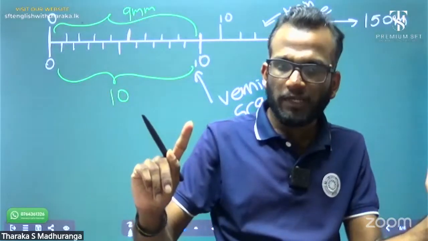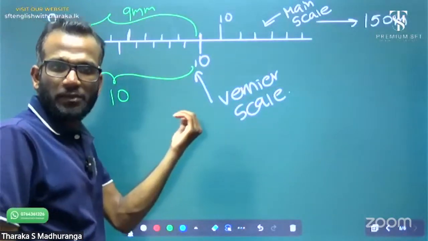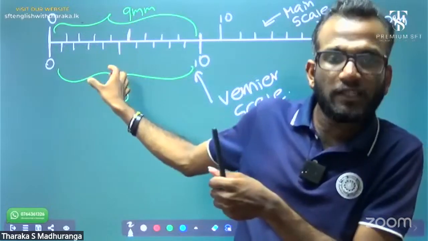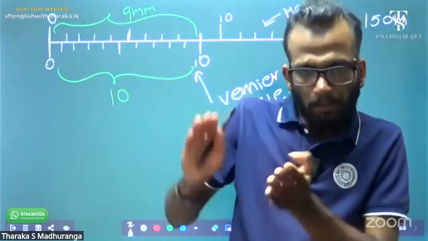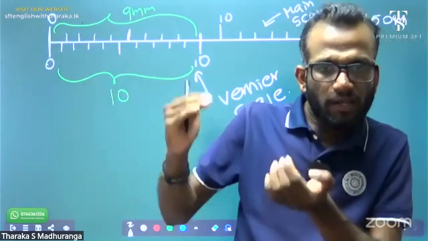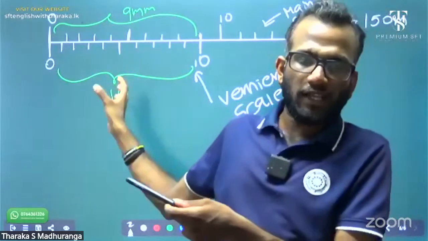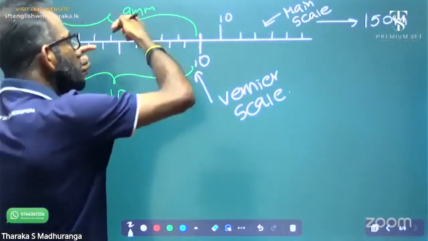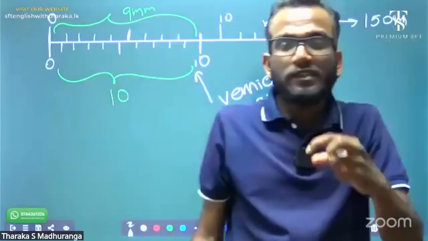It is only 1 millimeter, right? To get less than 1 millimeter measurement, what have they done? They have used another scale, another linear scale. In the vernier caliper, the main scale and vernier scale are both linear. No circular scales.